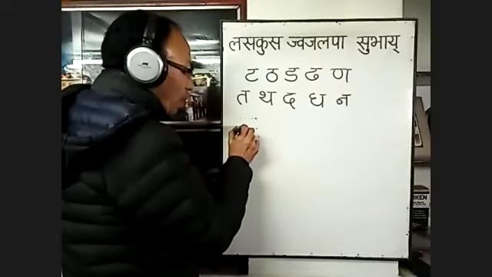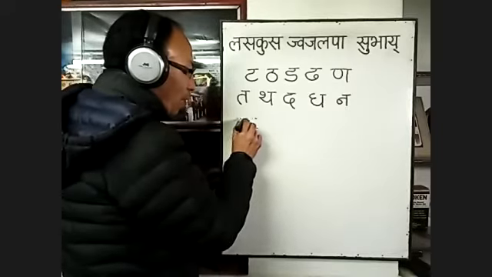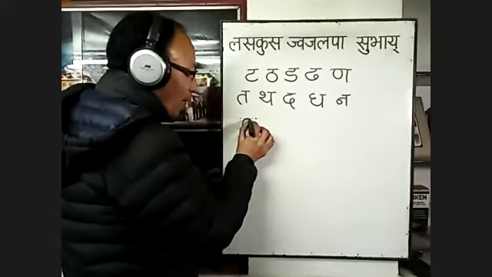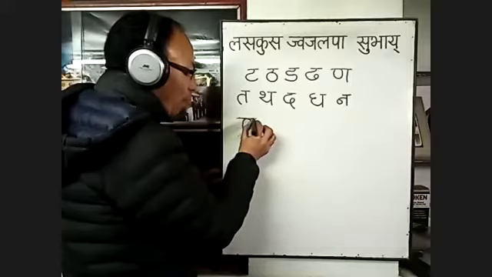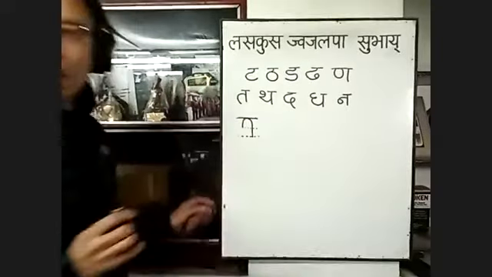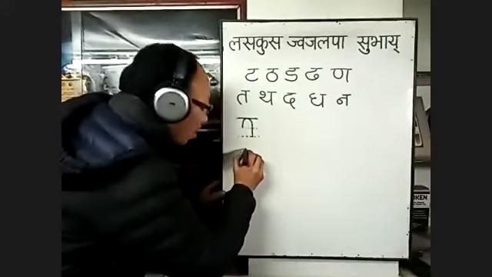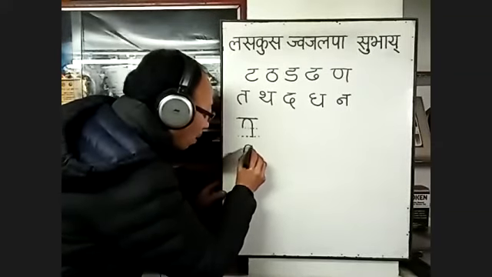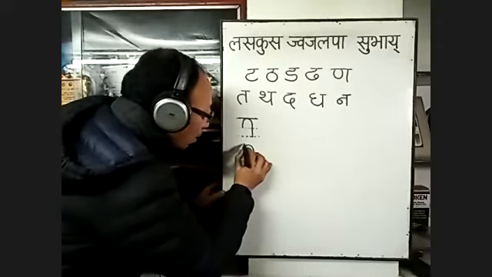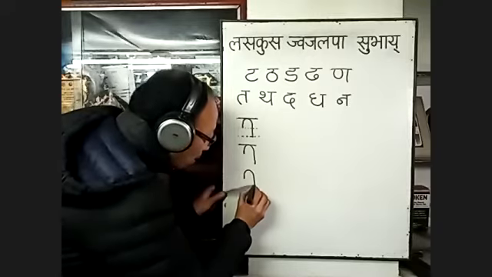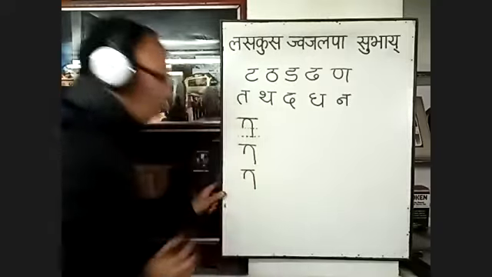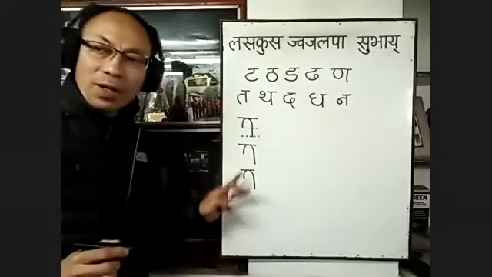So what you do is you go from here and then slightly bend at the line, and then a little more towards the right, and then again you come down with a straight line and then give more. This is ta, and this is the single line touching at the mo letter.